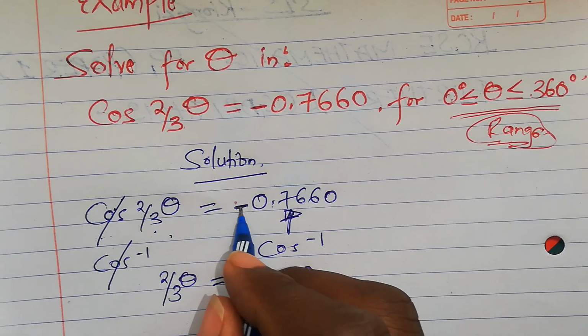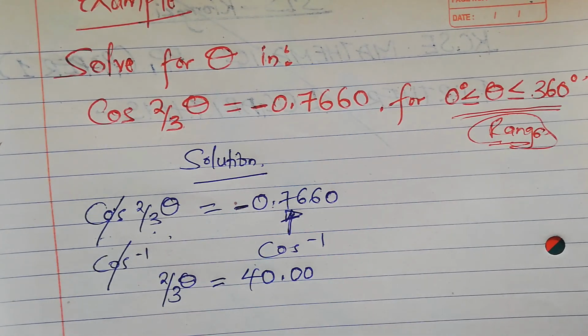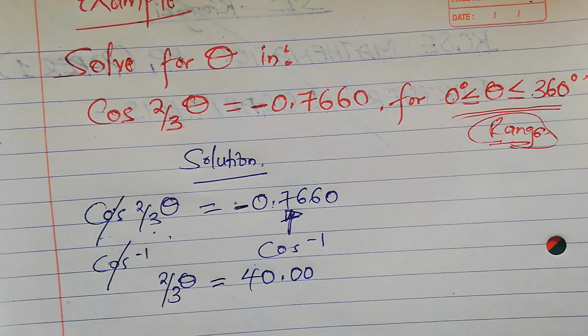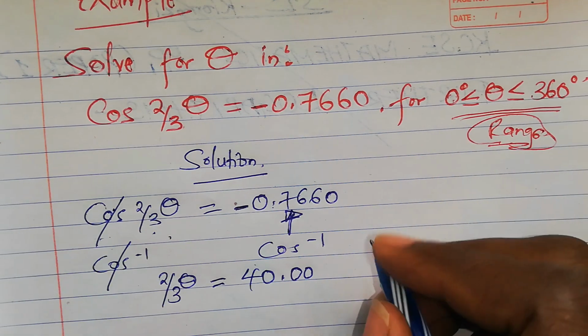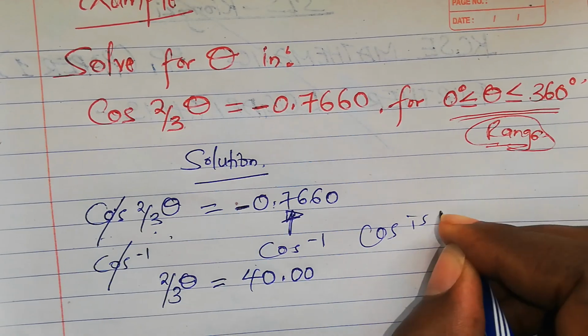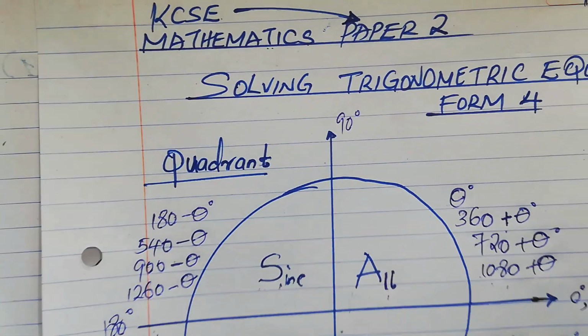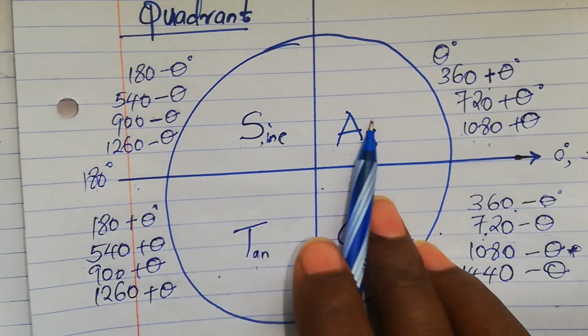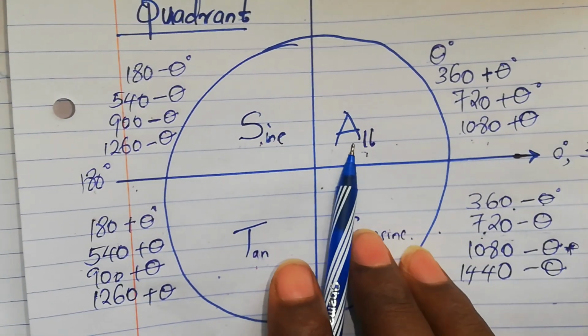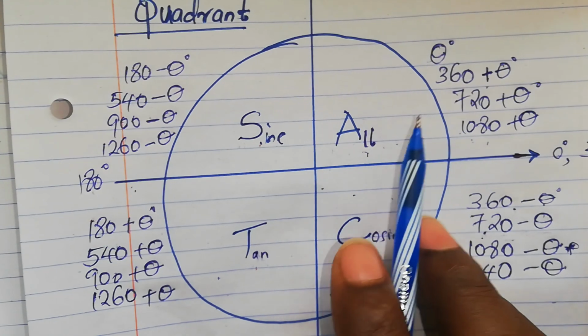There is one thing I want you to understand. This negative here only shows you which parts of the quadrant you shall be getting your answers from. Because you know, the quadrant has 4 parts, and in our question, cos is negative. So I take you back to the quadrant. In A, or all, cosine, tangent, and sine are positive.